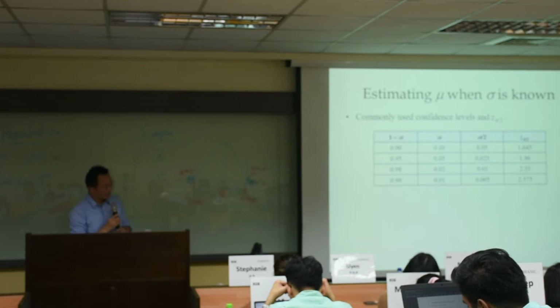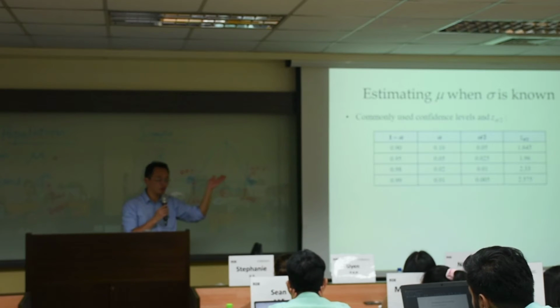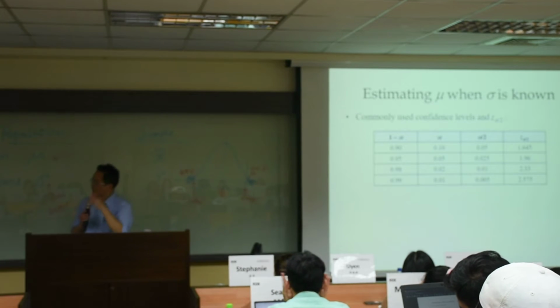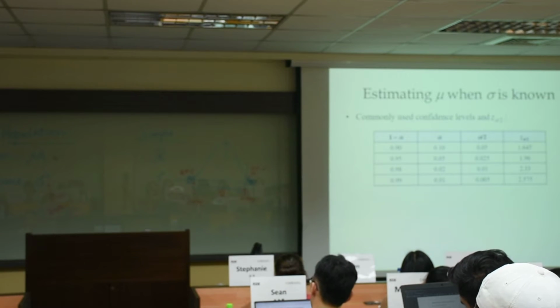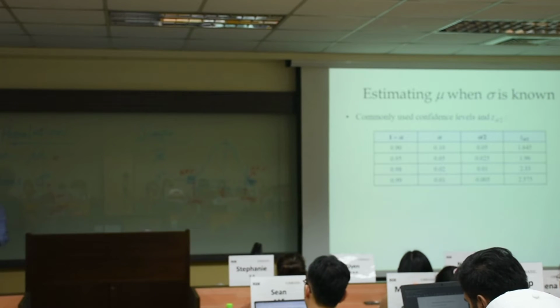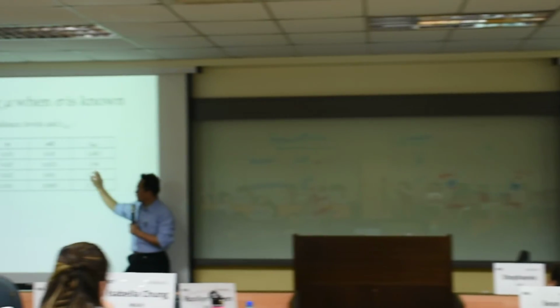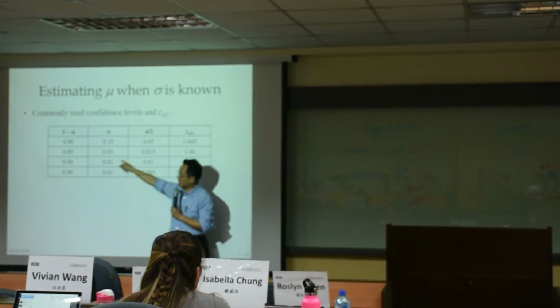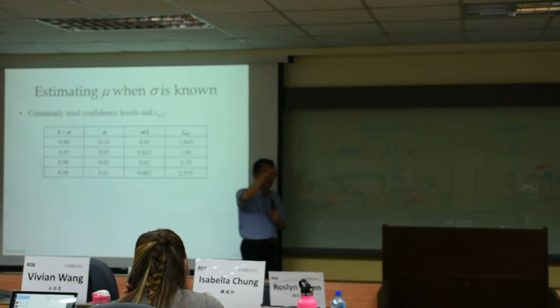So basically the first value of 1.645, this is the value that we will have in mind, because this value will give us the probability that both ends have 5%. And the next one is 1.96. If we set alpha at 0.05, then we will have a probability of 2.5% at both ends.